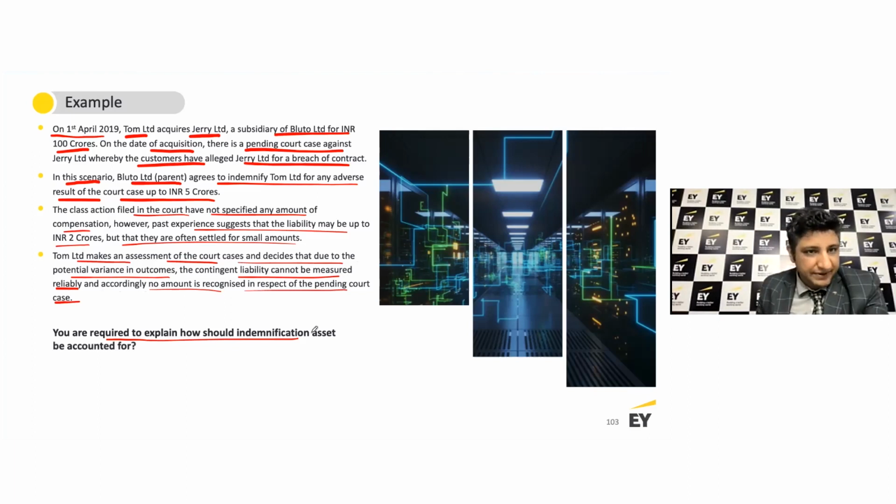Accounting for the indemnification asset. Now you know that there's a recoverability up to 5 crores there. The liability amount is expected to be 2 crores, but the reliable measurement cannot be done.